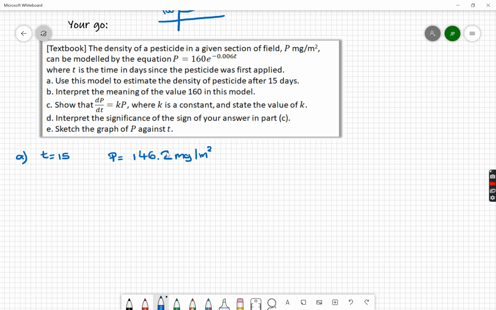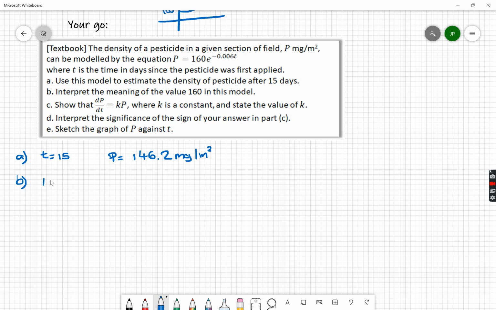Okay. Part B. Interpret the meaning of 160. So the 160 sits in front of the exponential part of my function. If I think about what value of t I'm going to have, when I have t equaling 0, I'm just going to be left with my 160.